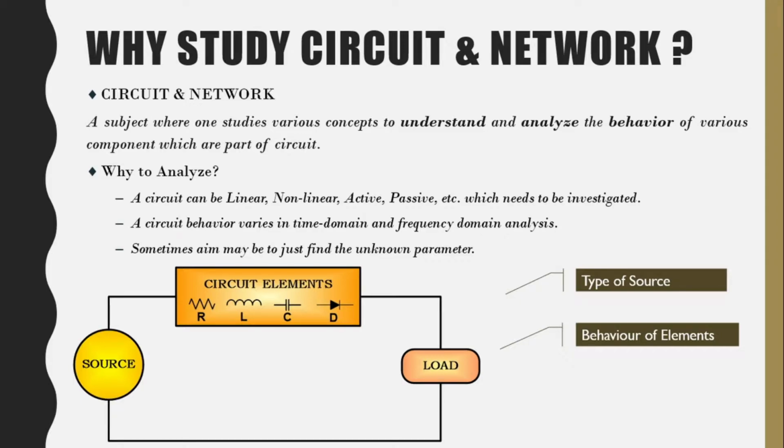And sometimes it is also dependent on the type of load which it is connected. So characteristics of load also determine how the circuit would behave. So these are the things which one should analyze whenever he or she studies circuit and network.